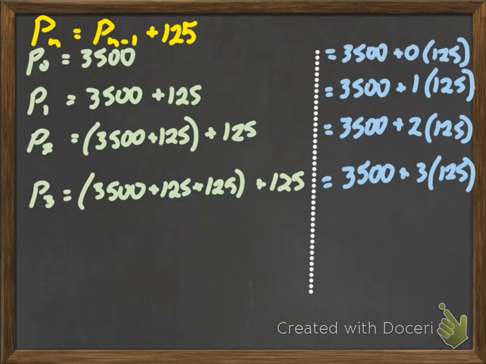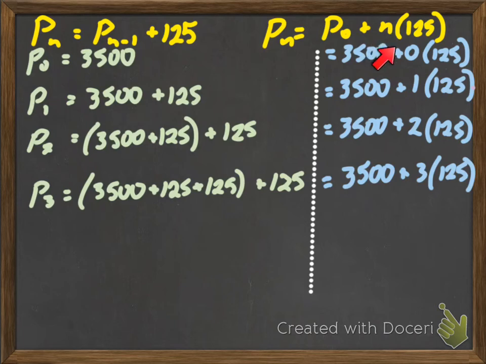P sub 0. So the general form for this is just this, right? It's just P sub n equals P sub 0 plus n times 125, the number of years times 125. So we can use that to figure out when it was 5,600, and let's take a look.